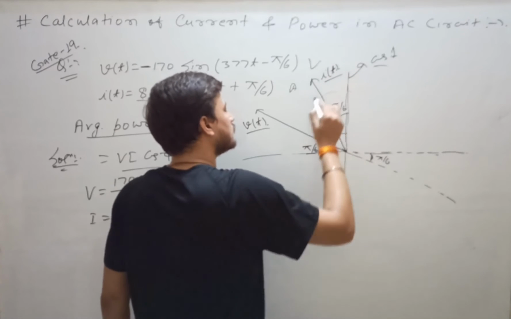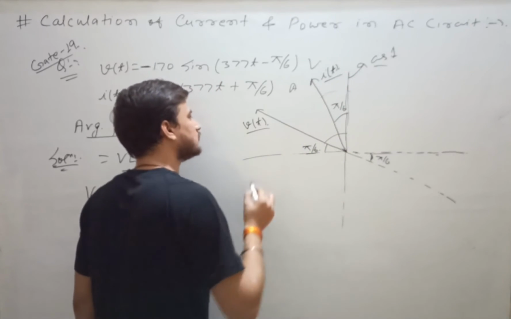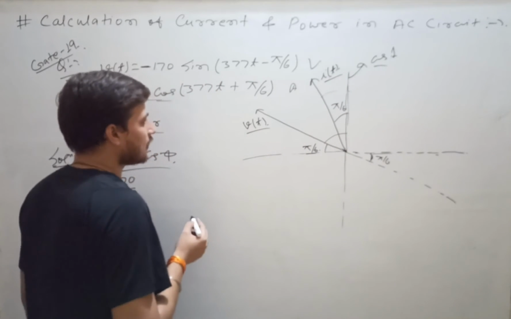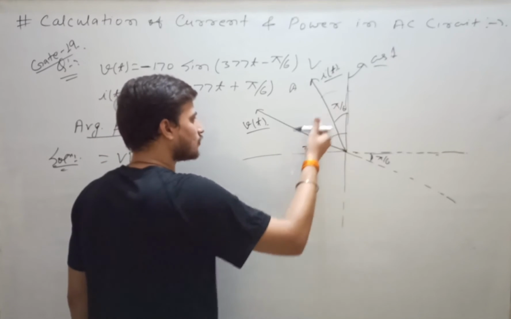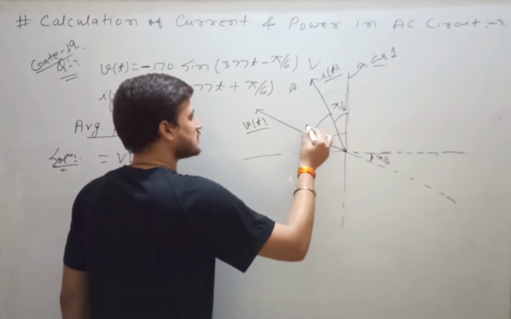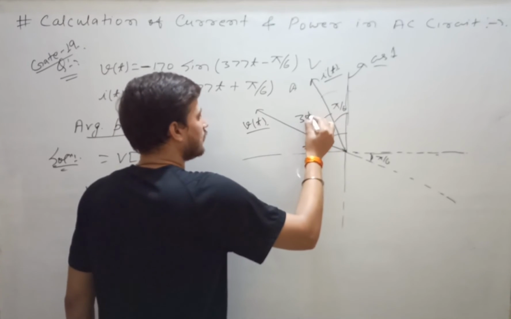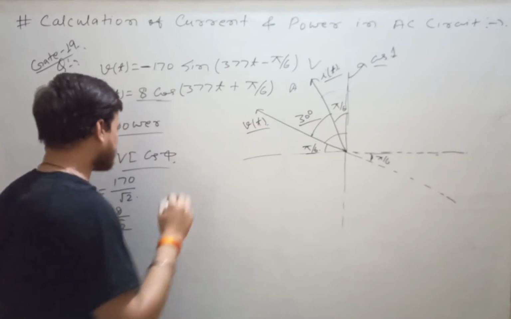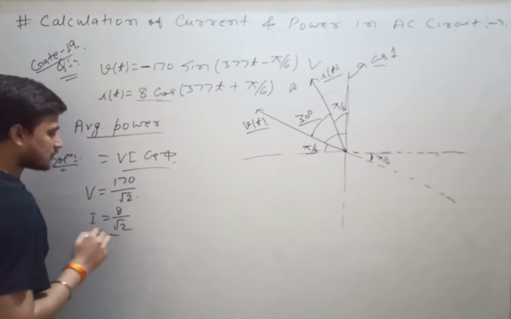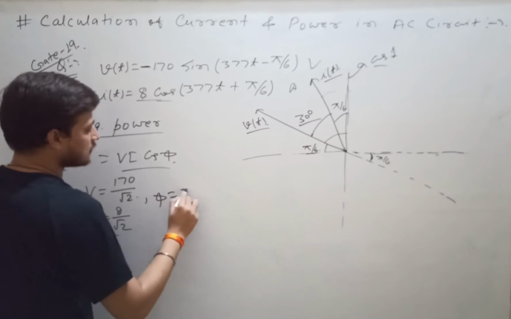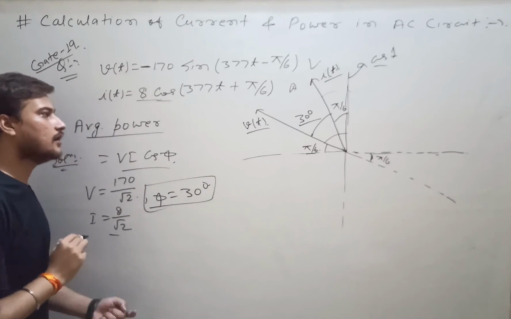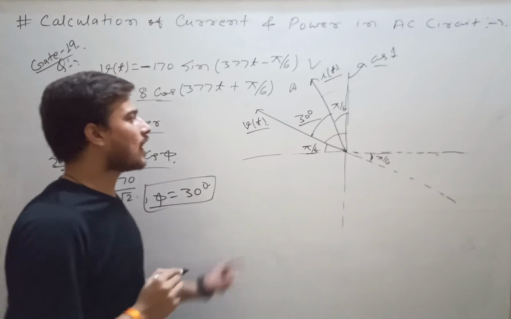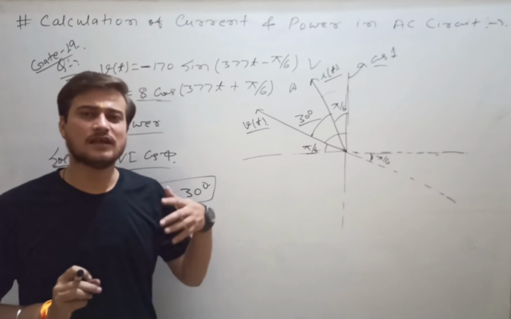If this is current It and this is voltage Vt, then the difference between these two: this is 30 degree, this is 30, total is 90. That means this angle will be 30 degree, so phi is equal to 30 degree. Now somebody asks you simply whether it is lead or lag.